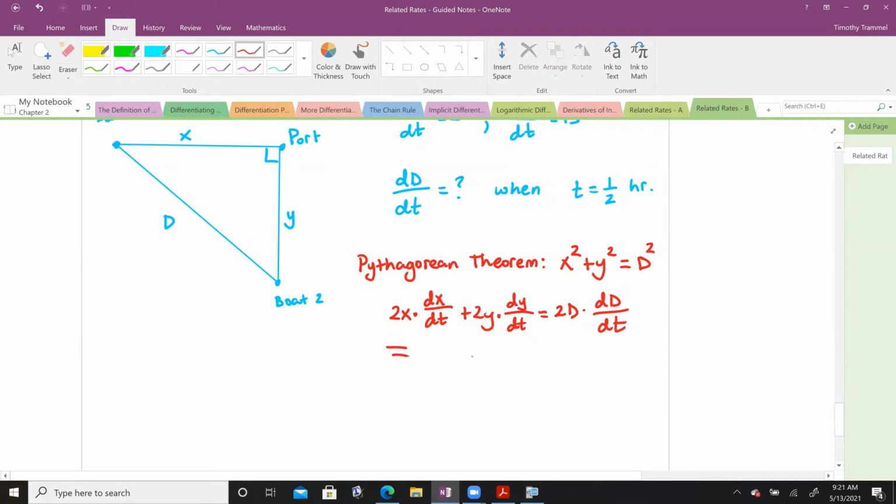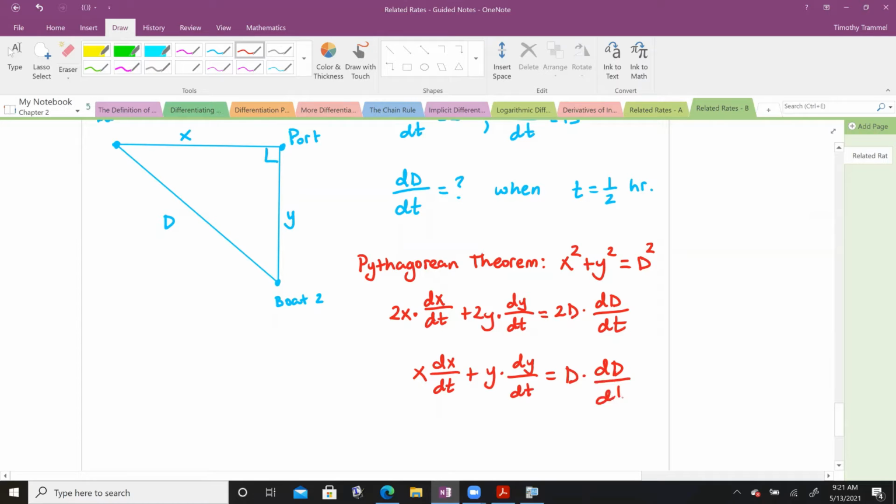Let's divide each side by 2 since all three terms have a 2 in them. So how about x dx dt plus y dy dt is equal to d dd dt.